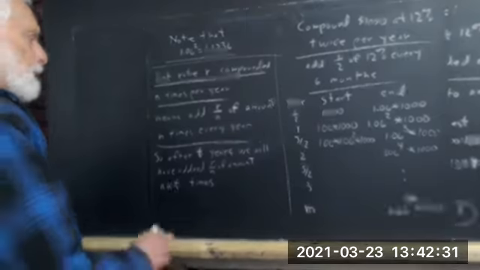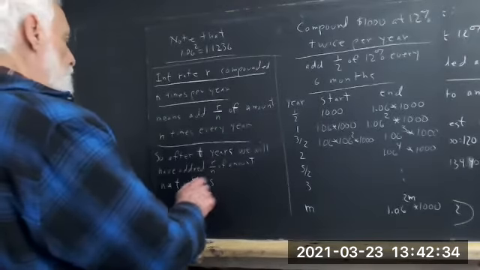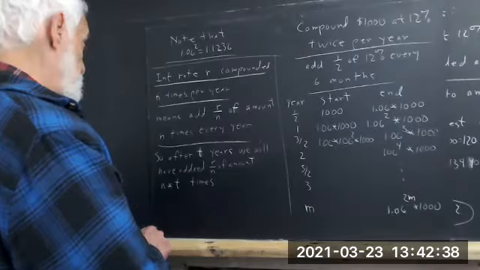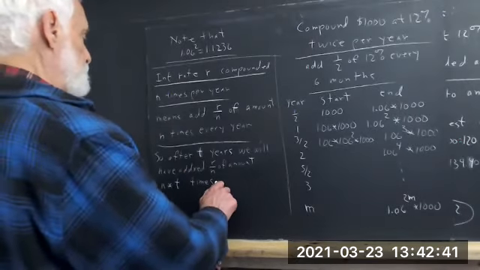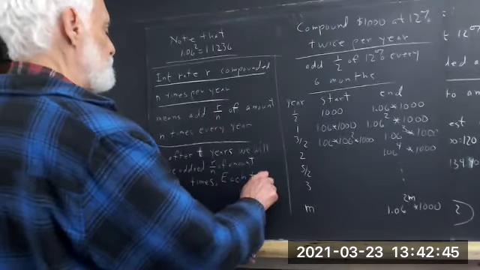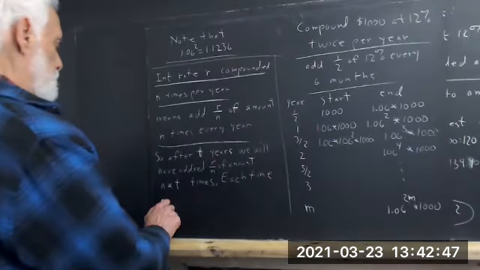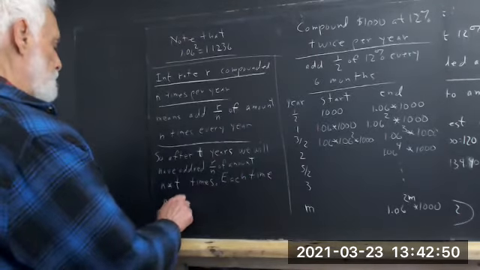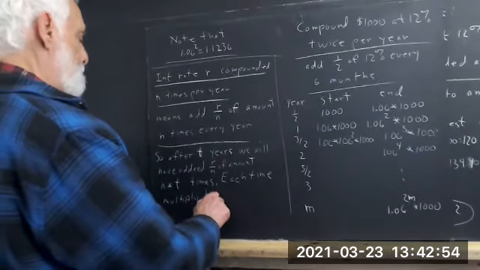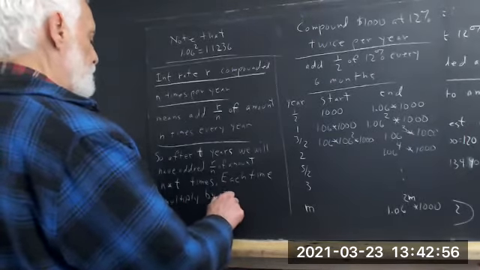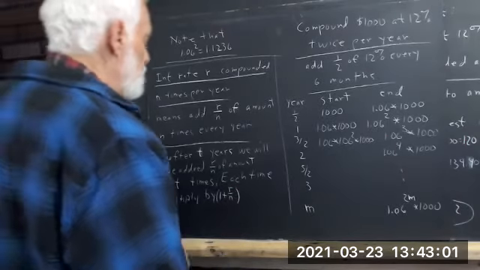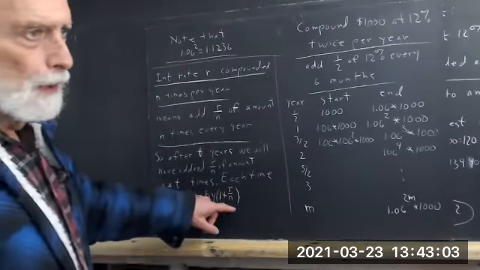Okay, well, in any case, we'll have added this with the amount this many times. Each time we multiply by 1 plus r over n.